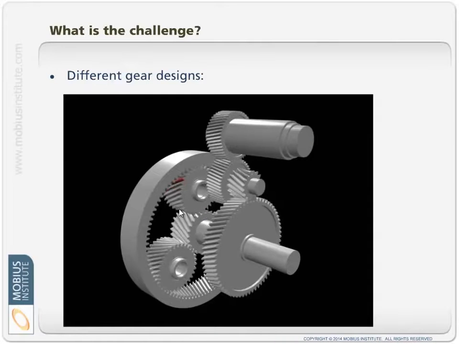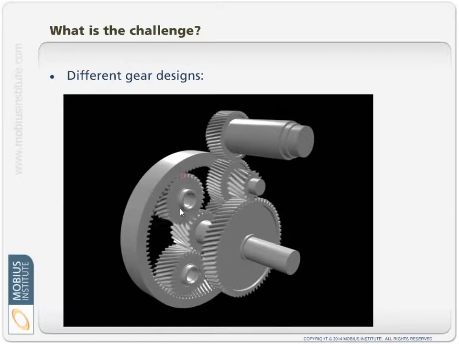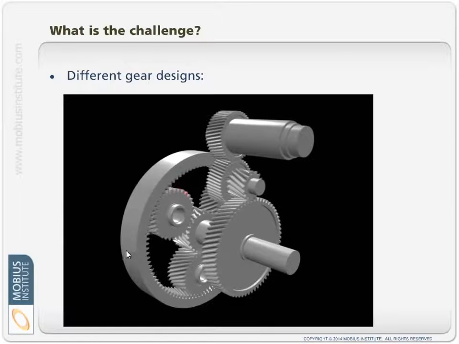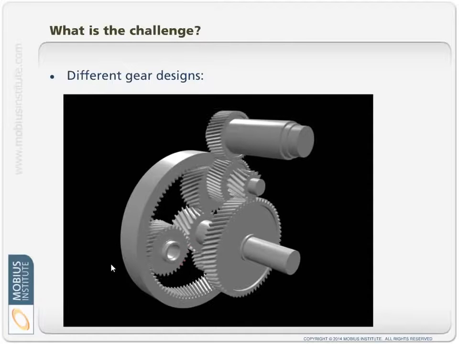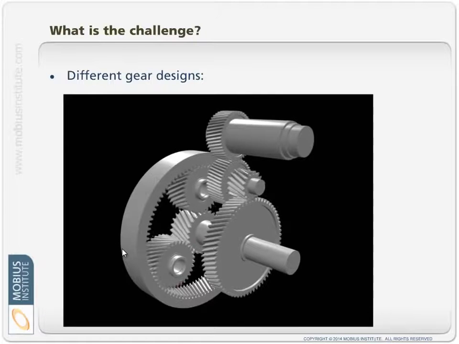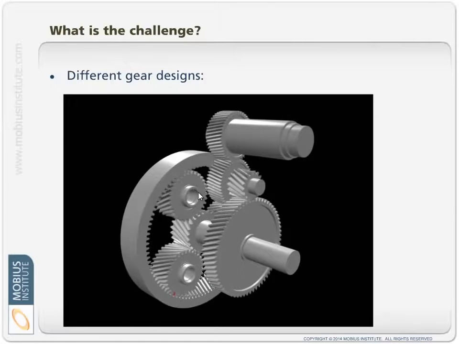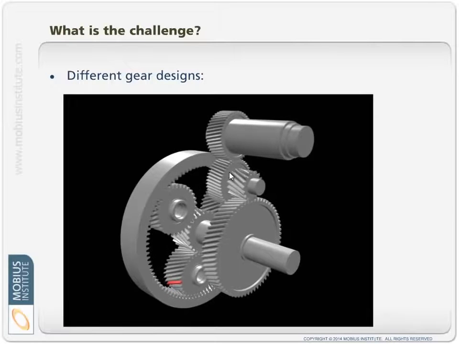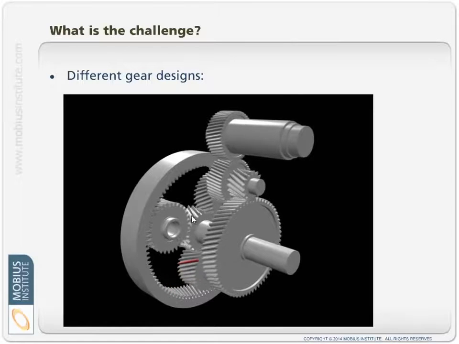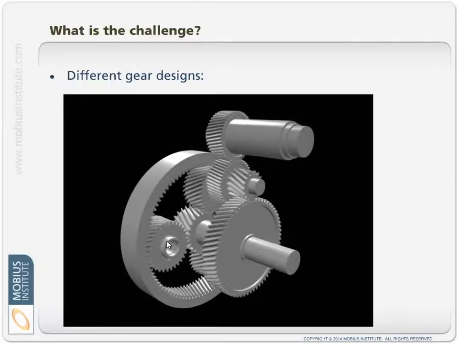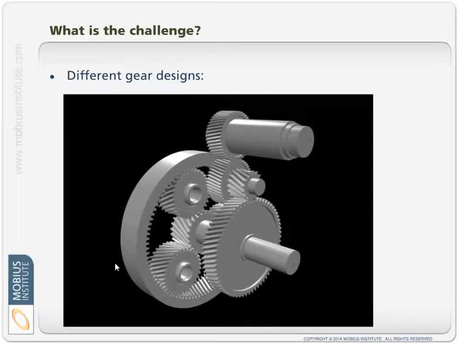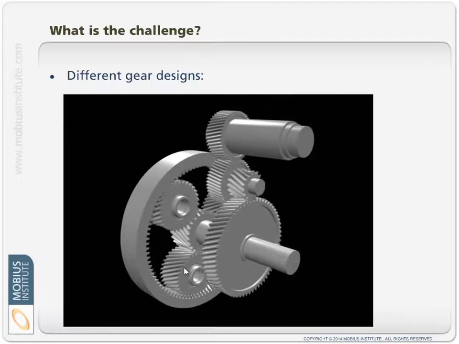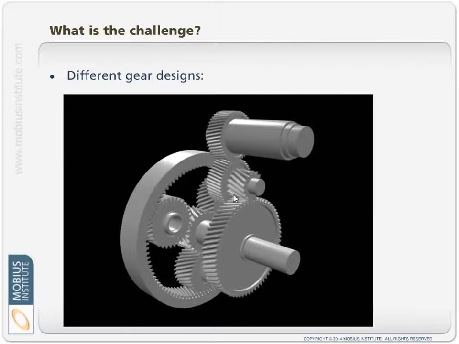We can see it in a bit more detail here, but you can imagine that with a gearbox like this, let's say we've got an accelerometer mounted just at this location where I'm moving my mouse. You've got these gears turning at very different speeds. You've got gears that are moving in position relative to the location of my accelerometer.